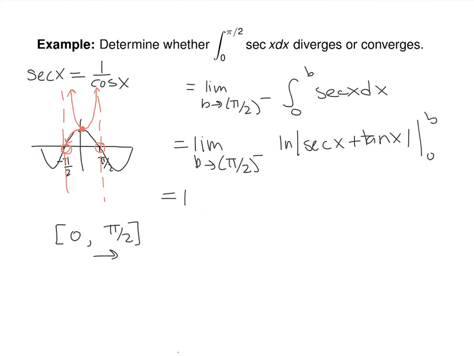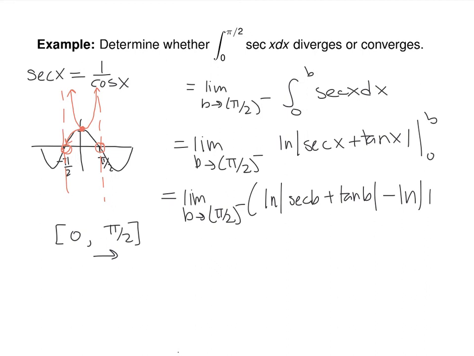So that's limit b goes to pi halves from the left, ln absolute value secant b plus tangent b minus ln absolute value, which is not going to fit, so I'm going to find out what these are. Secant of 0, from the picture you can see, is 1. Tangent of 0 is going to be 0.